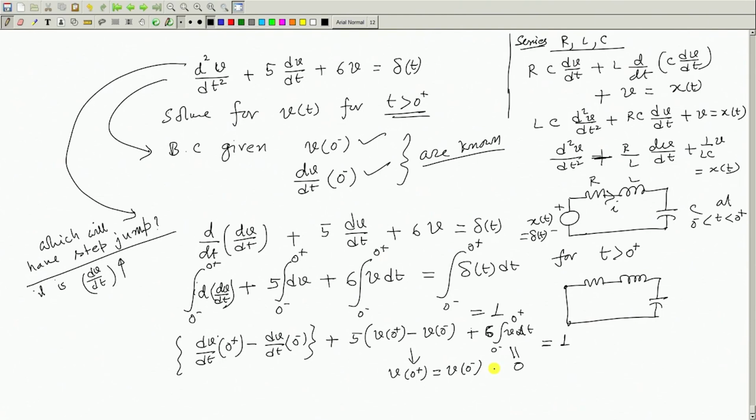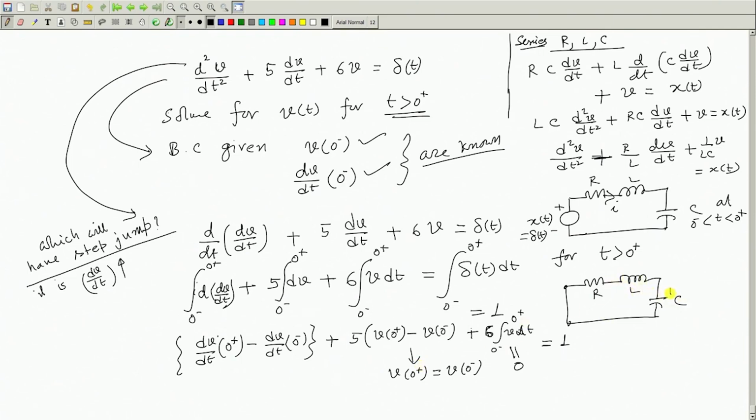However, dV dt at 0 plus will have a step jump from one value to the other. Got the point? Therefore, for t equal to 0 plus, it is a second order system R L C.